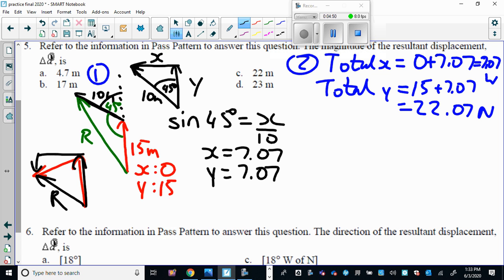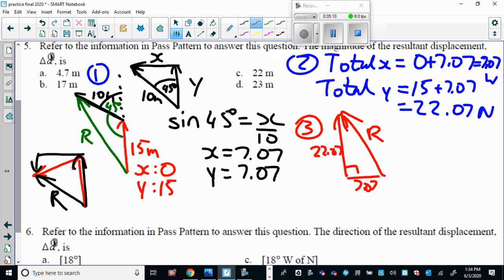Now that we've done that, we can go to step 3, and step 3 is to make a new triangle with the new components that we have, 7.07 west and 22.07 north, and then just solve the triangle.